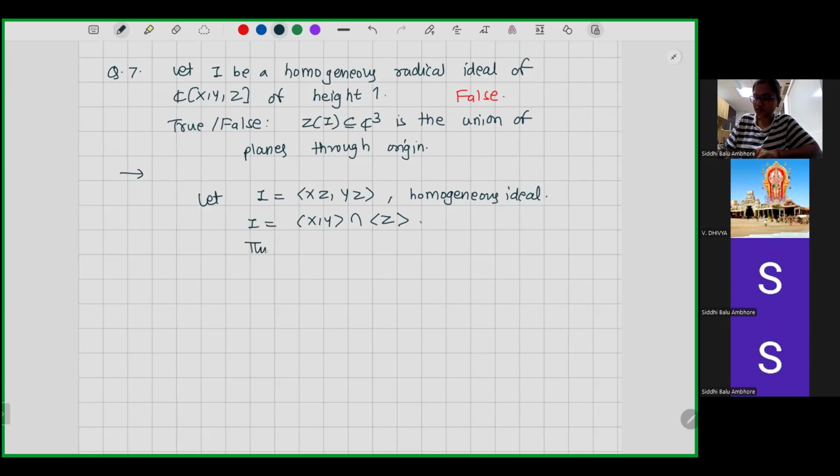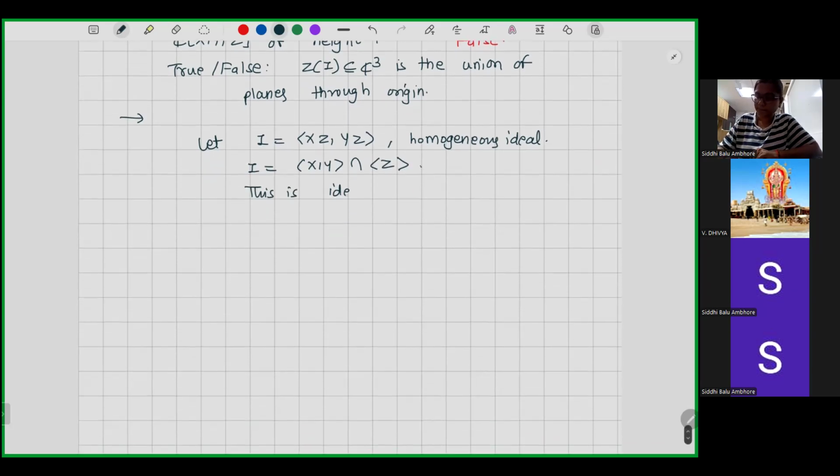This is the intersection of two prime ideals, therefore I is radical.